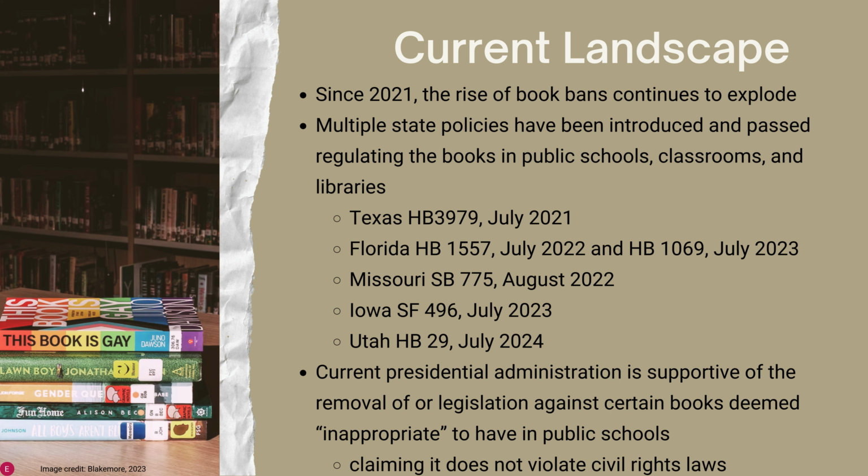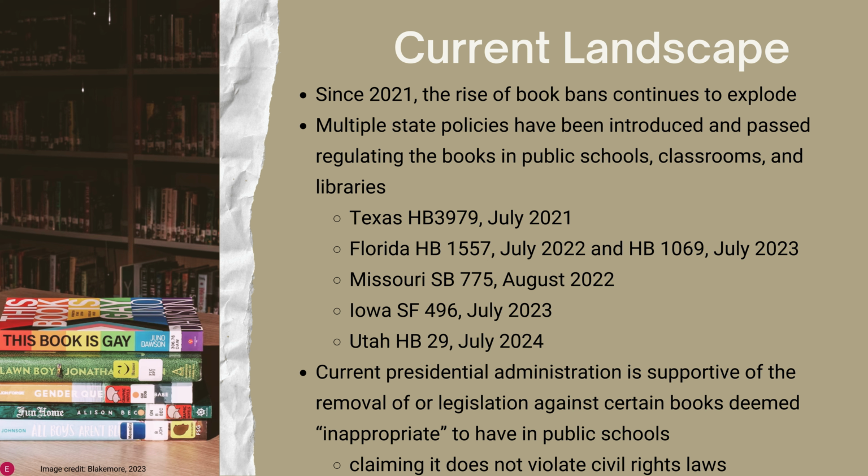in classroom libraries. Missouri House Bill 775 expands the definition of explicit sexual materials and imposes penalties on educators for providing such content. Iowa Senate File 496 requires all materials to be age-appropriate, a definition that prohibits any description or depiction of sex act.